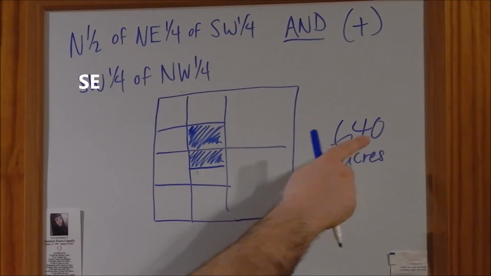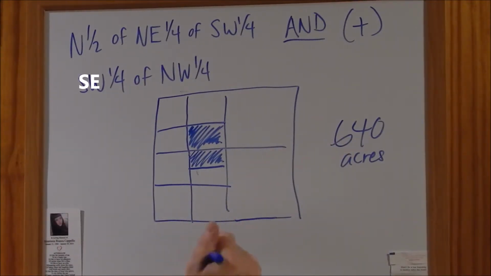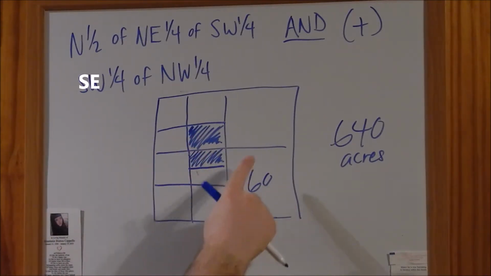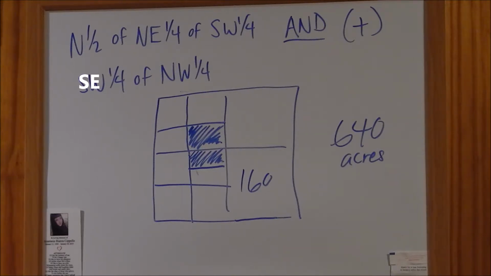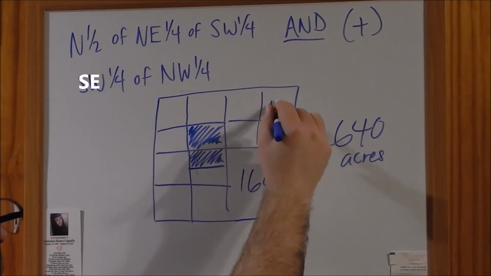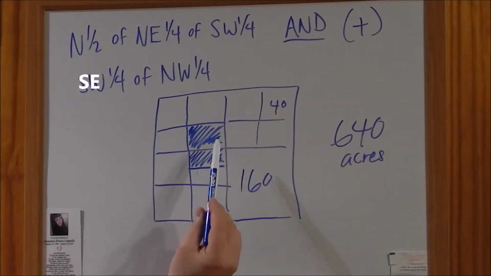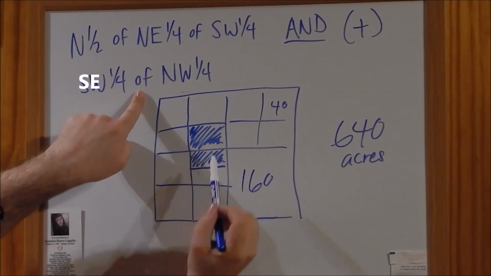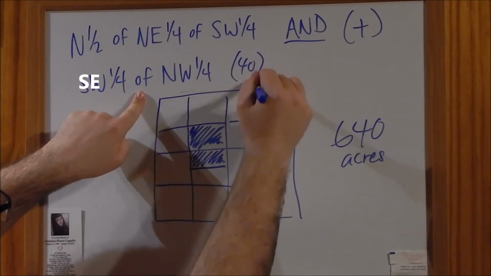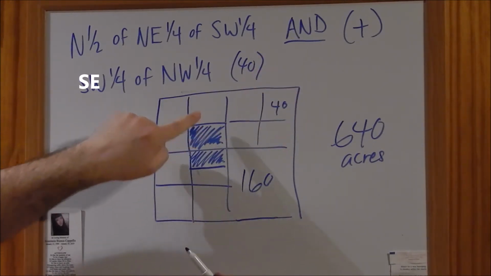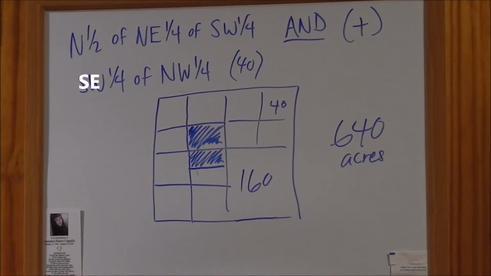If the whole is 640, we know that 1/4 is 160. We don't have 160. As you can see, an entire quarter is not filled out, but bear with me. 1/4 of a quarter is 40. So this portion right here is 40 acres, because we have 1/4 of a quarter of the whole.